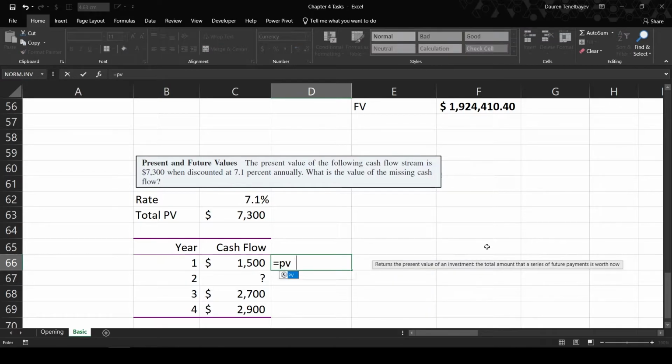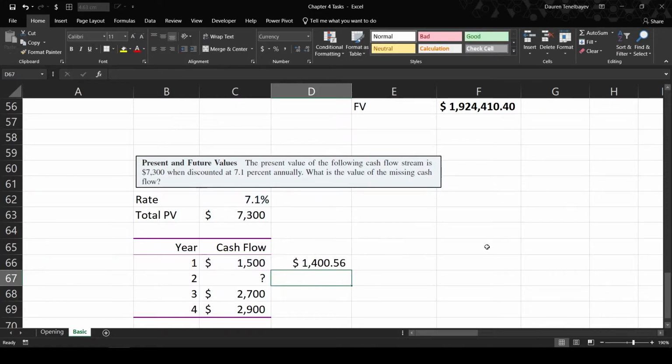We will use a formula for PV, and our rate is 7.1%, and we will lock it by clicking the F4 key, because we will use this rate as input for all cash flows. It will not change. NPER is each year, PMT, and minus future value.